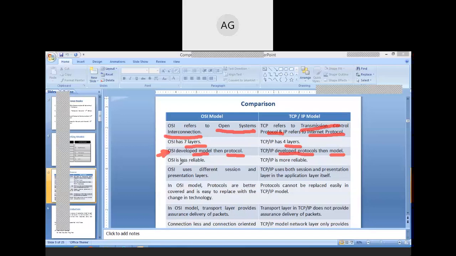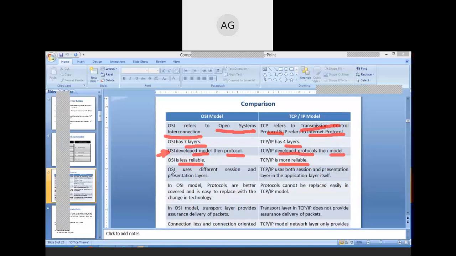The fourth difference is OSI is less reliable, whereas in the case of TCP/IP it is more reliable. And reliability is the major concern while we are using the internet. So that's why the TCP/IP model finds more use than the OSI model.